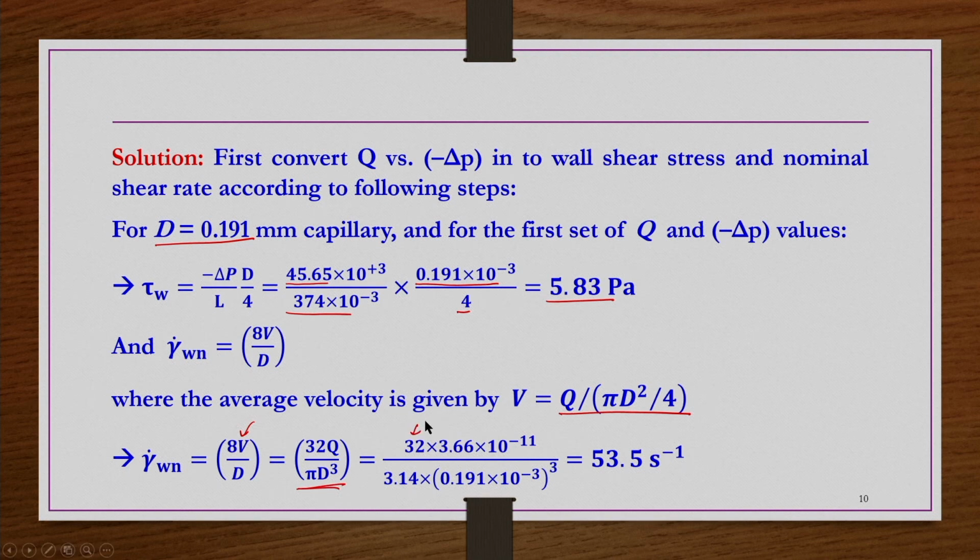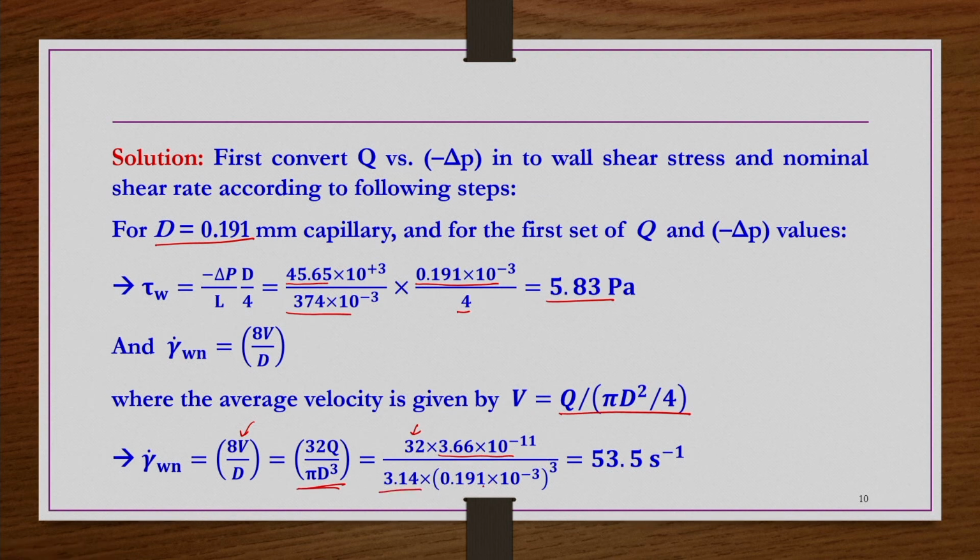So 32 is a constant. For the first data point, when D is equal to 0.191 and minus delta P is 45.65 kilopascal, the volumetric flow rate is 3.66 into 10 power minus 11 meter cube per second. That is what we have written.